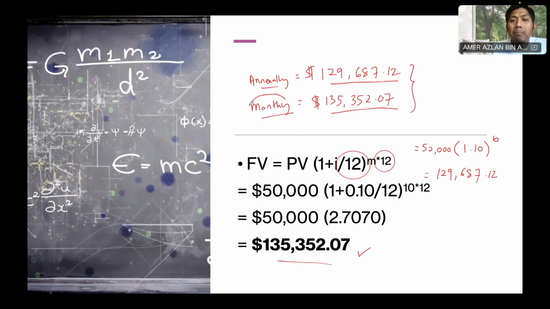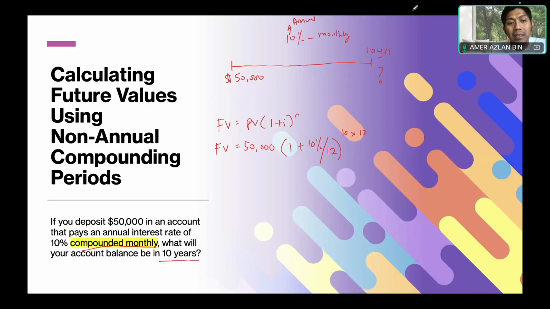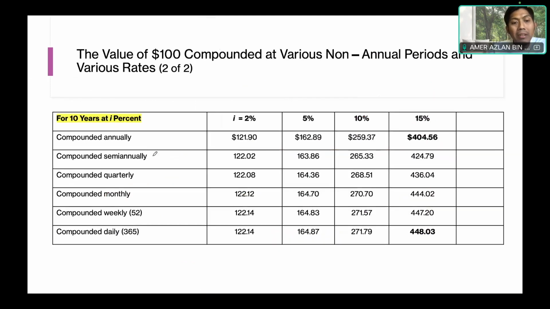Now, apart from monthly basis, the compounding can also be on a semi-annual basis. Semi-annually means in 1 year, the investment is being compounded twice.